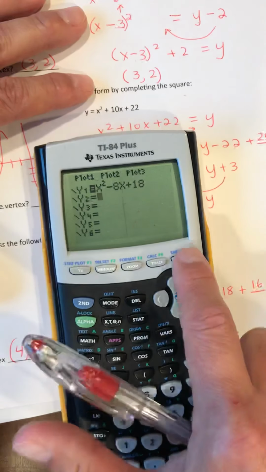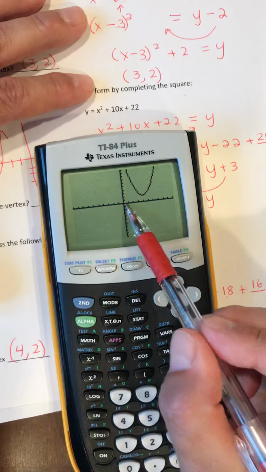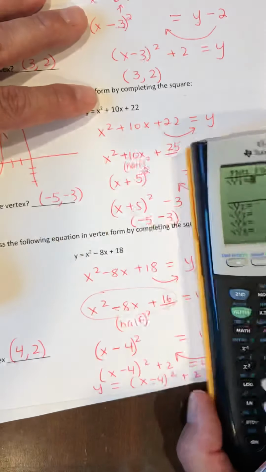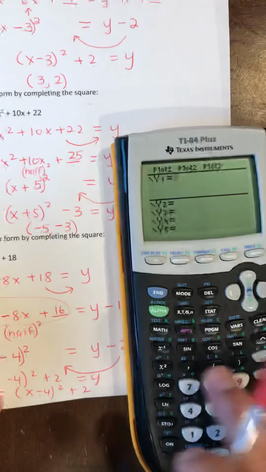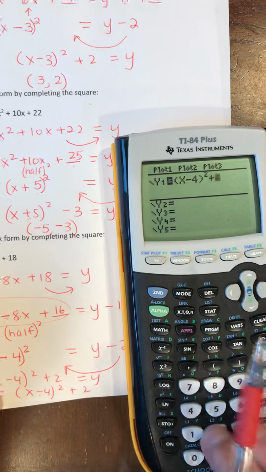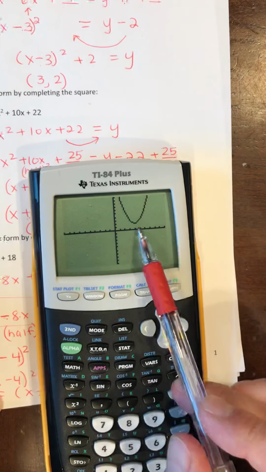All right, graph it. And if you look, your vertex is over 4 and up 2. All right, if I went back and I graphed the equation in vertex form, x minus 4 squared plus 2, I'm going to get the same picture.